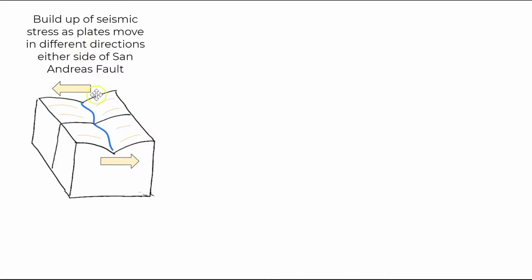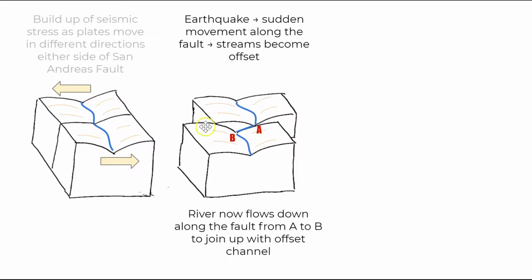In the first instance, you've got the fault running along here, marked by this line. That gives you a build-up of seismic stress as the plates are moving in either direction, but the fault is locked by friction. So you're building up and building up stress, but suddenly and eventually that friction will be overcome by the seismic stress, and you will get that sudden movement.